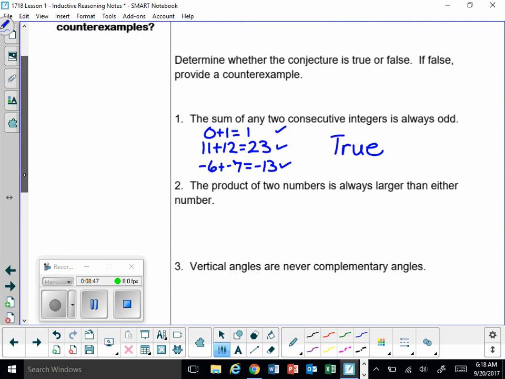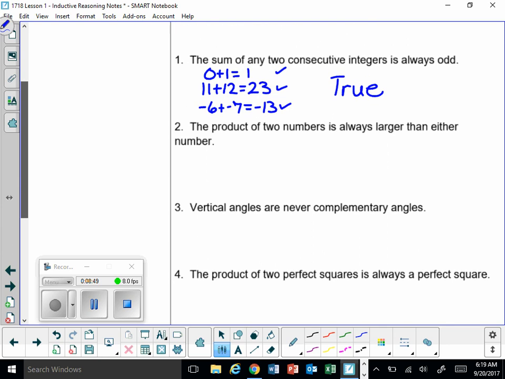The product of two numbers is always larger than either number. Really watch out for words like always. All right. 3 times 4 is 12. -3 times -4 is 12. What about -3 times +4? That's -12, which is not larger than +4, so that's false.